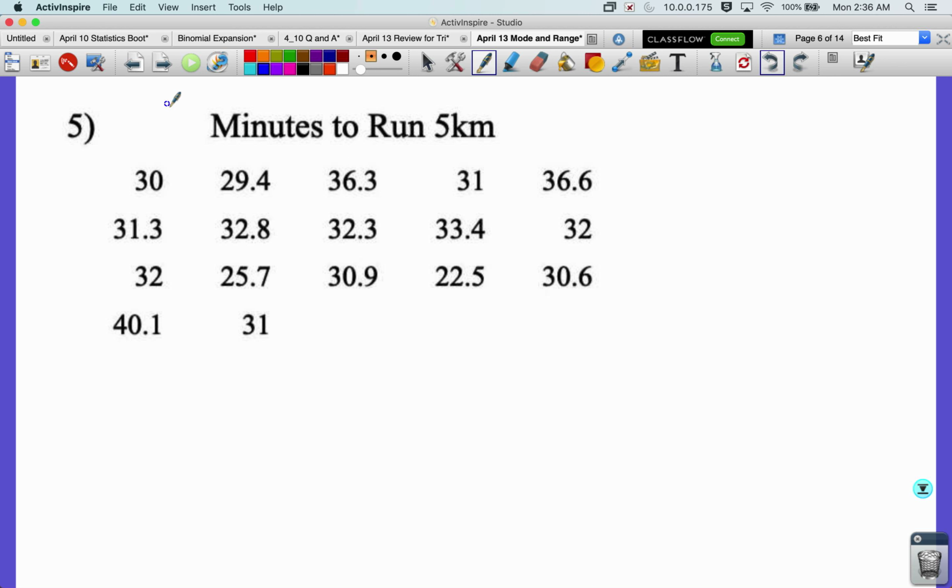Minutes to run a 5K. So what we're looking for here is any repeated numbers. I see I've got a 31 and a 31. I've got a 32 and a 32. Maybe I'll give those boxes as well. Are any of these other numbers repeated? 30 doesn't look like it's repeated.